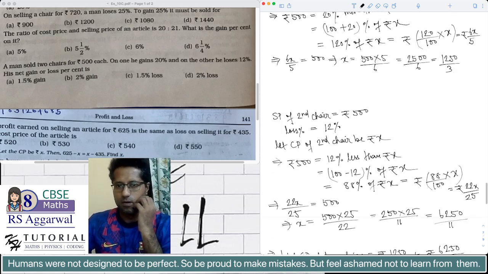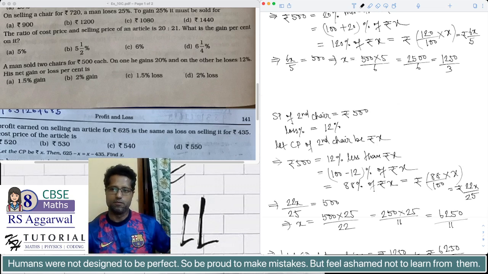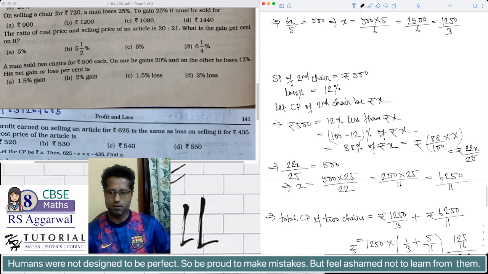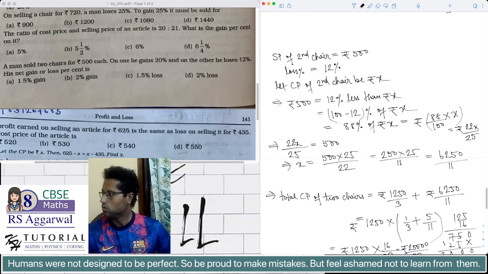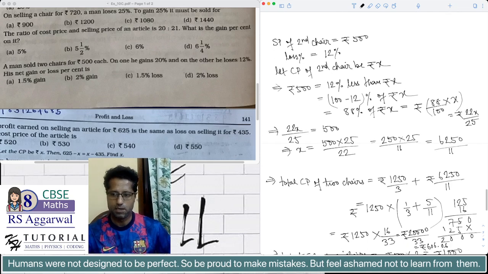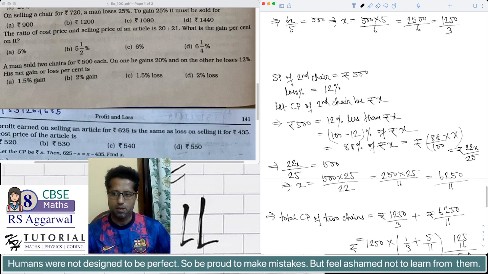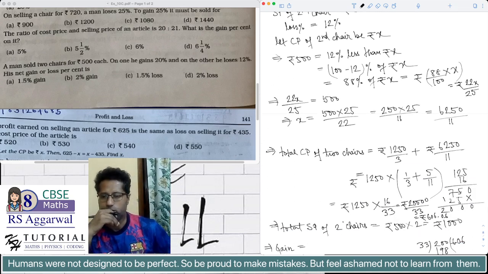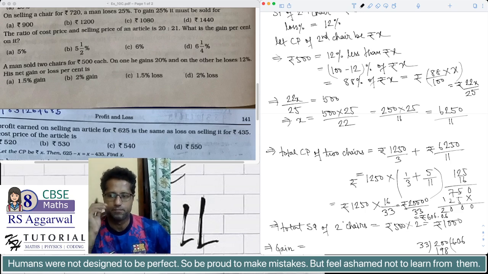So we have the previous cost price. The cost price of the first chair is 1250 by 3. So the total cost price now becomes the sum of the cost price of the two chairs, which is equal to 1250 by 3 plus 6250 by 11. And if we take 1250 as common, we get 1250 multiplied by 1 by 3 plus 5 by 11.